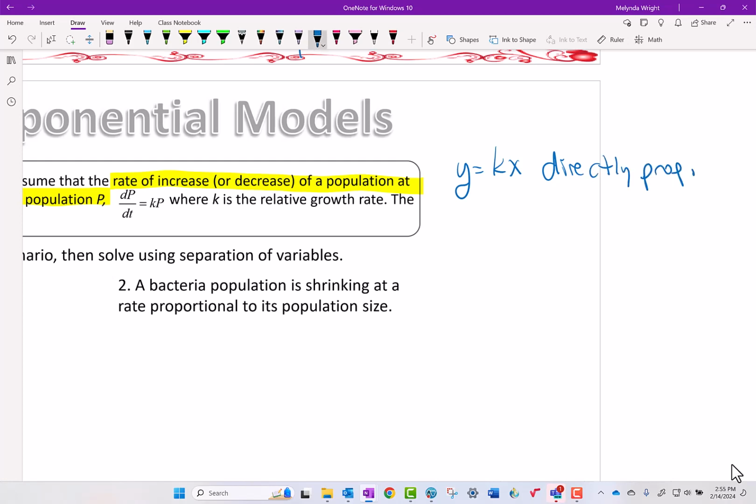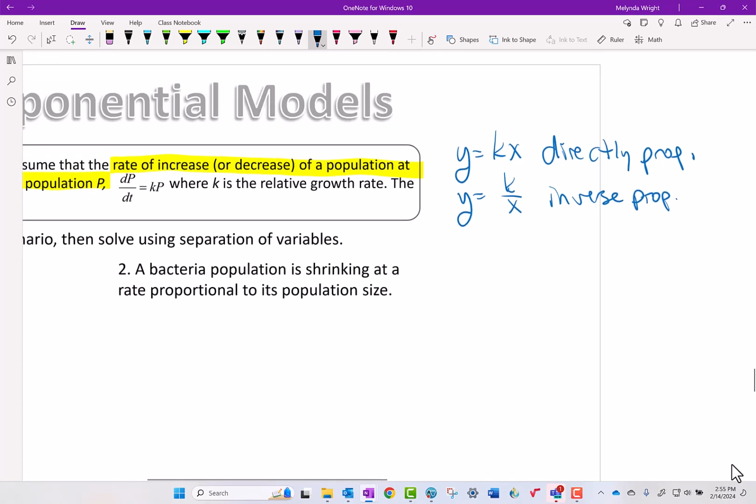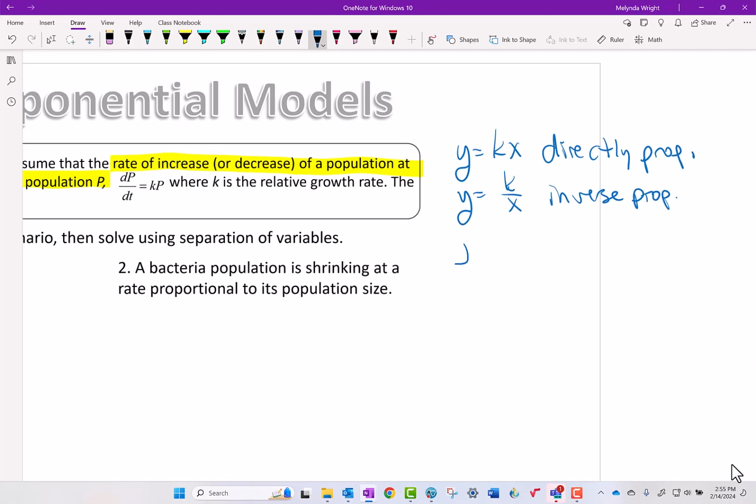Do you remember the k from that business? Maybe, maybe not. We're going to have k's here. Inversely proportional was like this. That was inverse. Ringing any bells yet? No? Okay, and then we had jointly proportional.